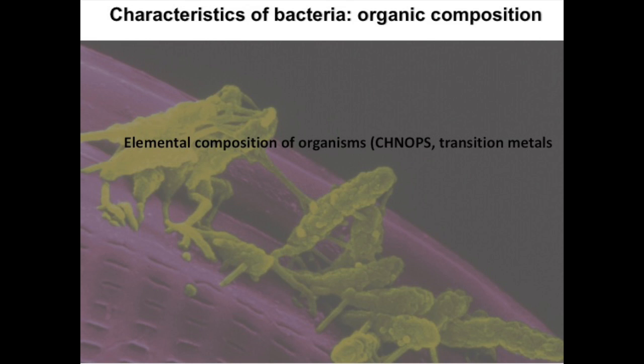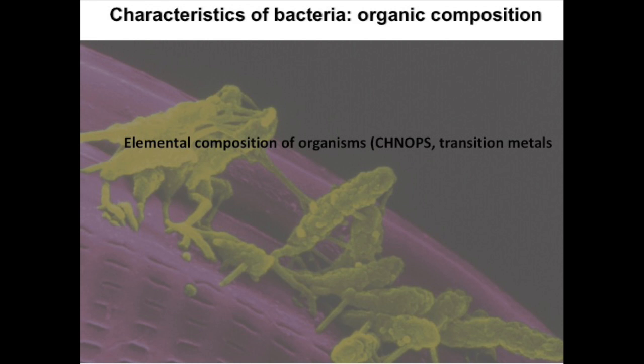Now, another characteristic of organisms is that they prefer to use the lighter isotopes of elements if they're available. For instance, with carbon, organisms fractionate carbon.